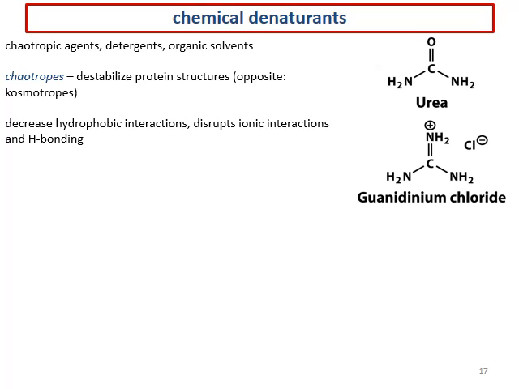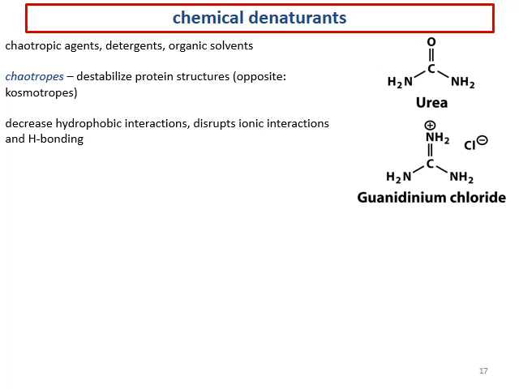Some of the chaotropes are depicted for you here on the right. As you can see, we have urea and guanidinium chloride. And both of these chaotropes are effective disruptors of hydrogen bonds.